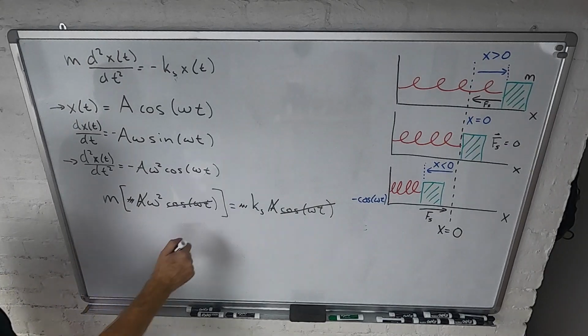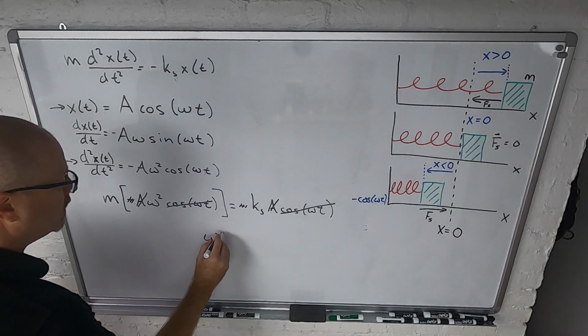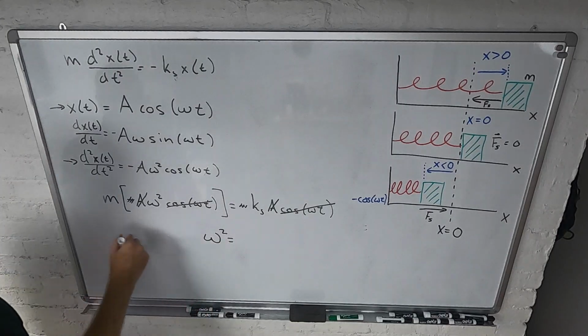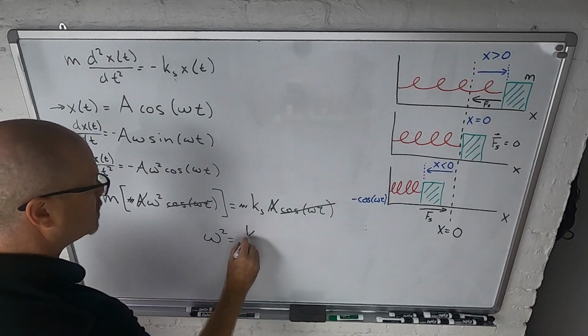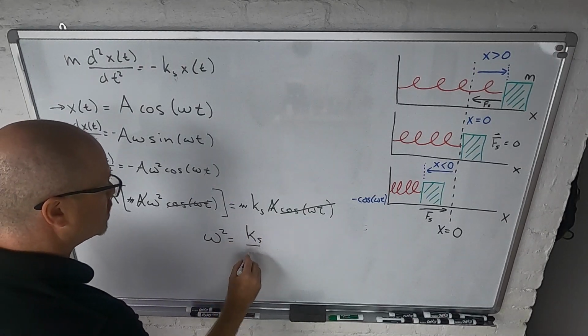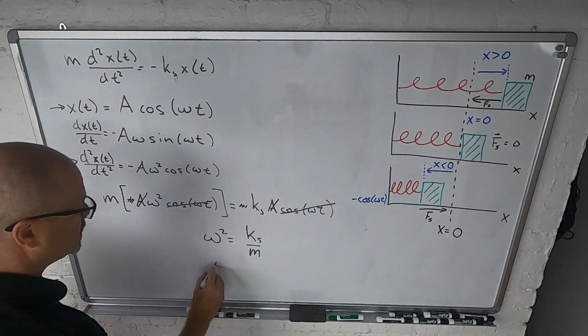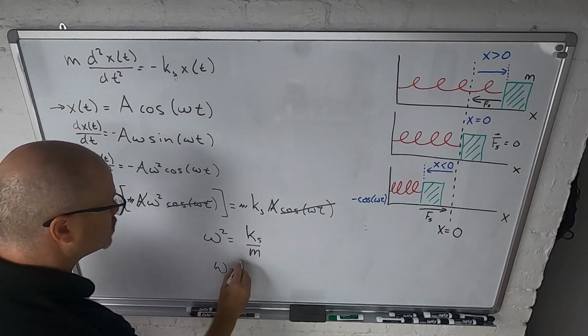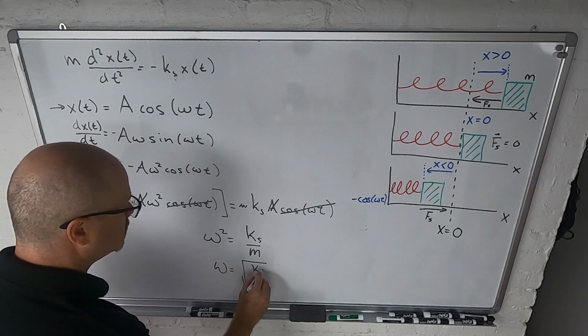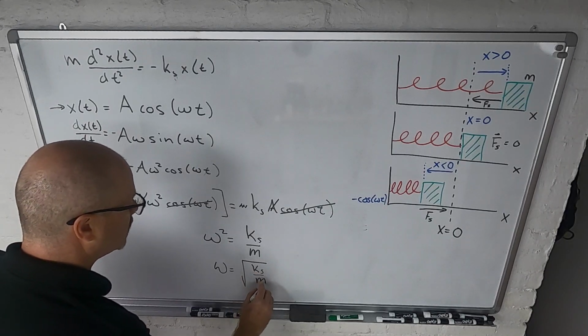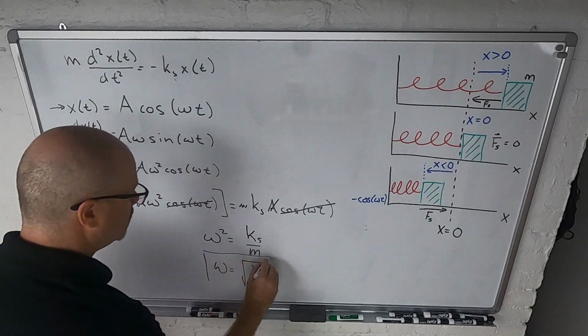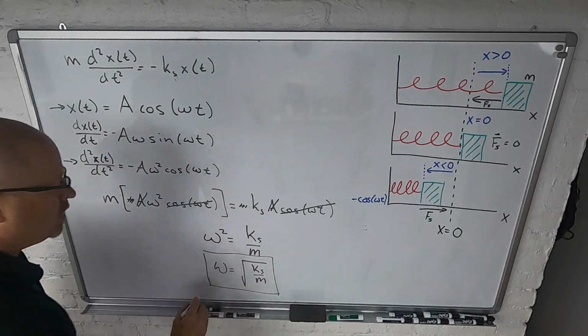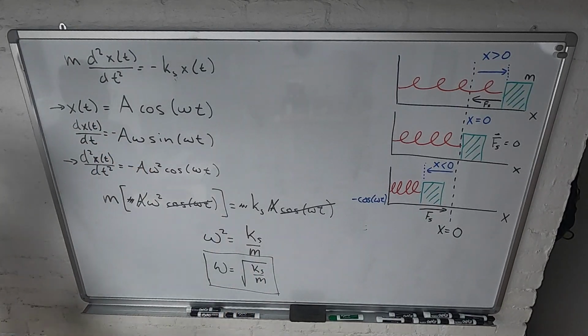I have an m and a k, so let's just set omega squared equals k sub s over m, such that omega is equal to the square root of k s over m. Ha! We have just figured out something mathematically quite amazing.